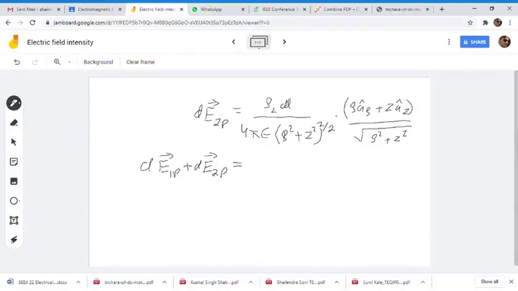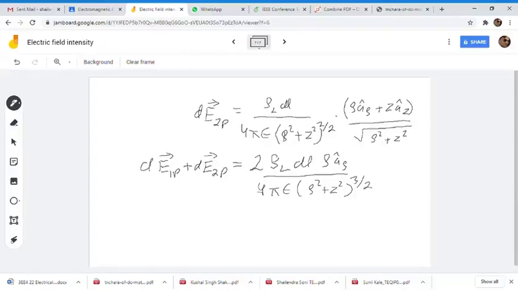What will remain is rho lambda L dl rho a rho divided by 4 pi epsilon times rho square plus z square to the power 3 by 2, and this will be 2 times.